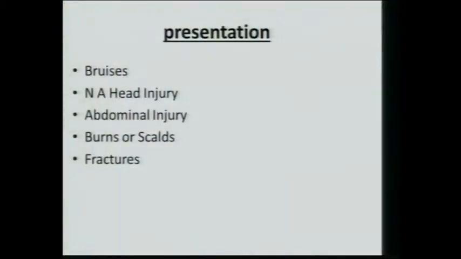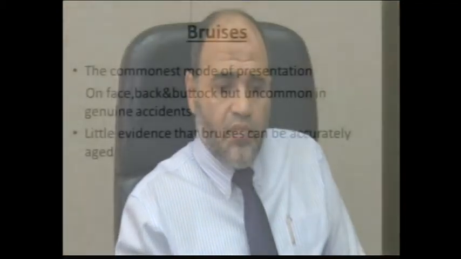What's the presentation of physical abuse? Any of these forms: bruises or non-accidental head injury, sometimes abdominal injury, burns or scalds, or fractures. We will pass by all of these. Bruises.